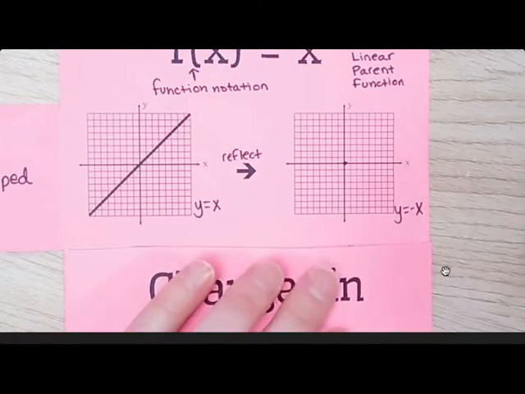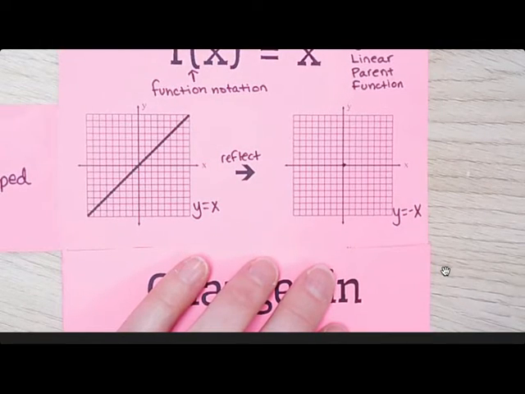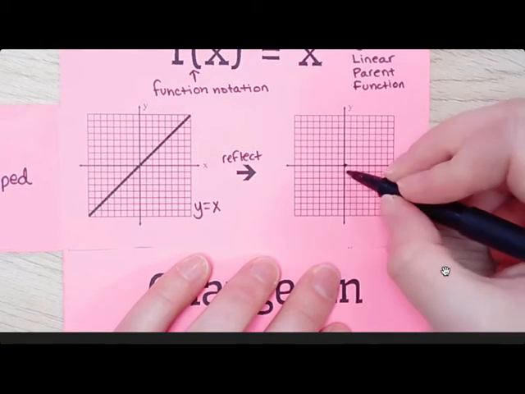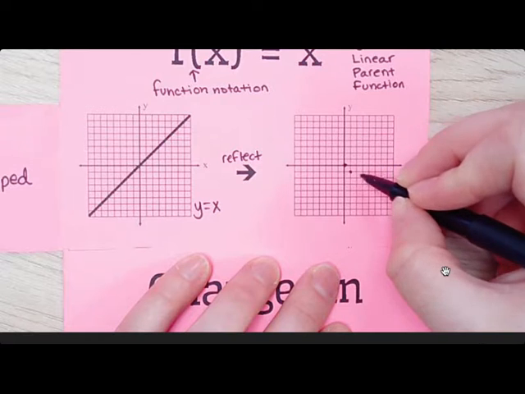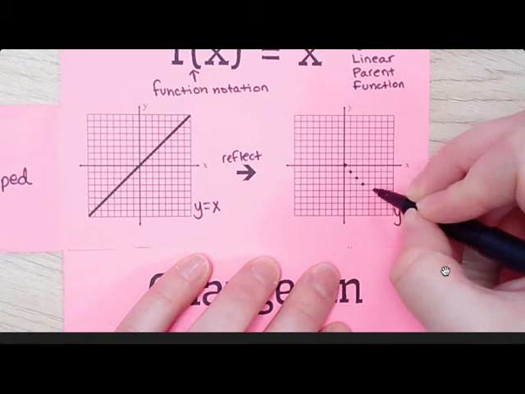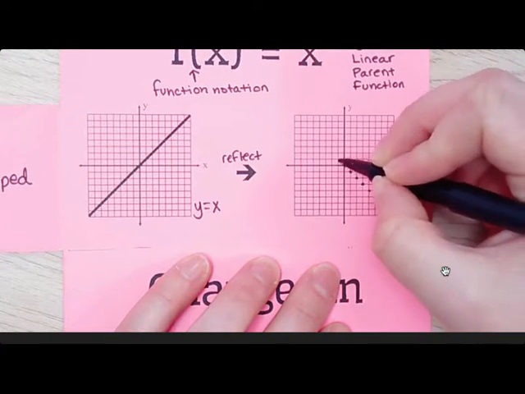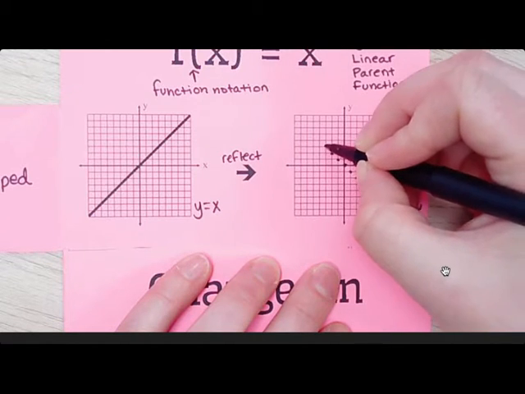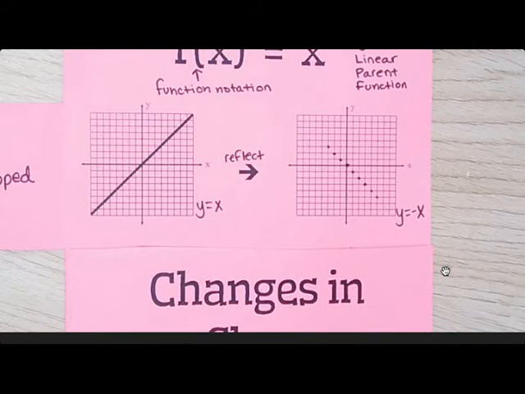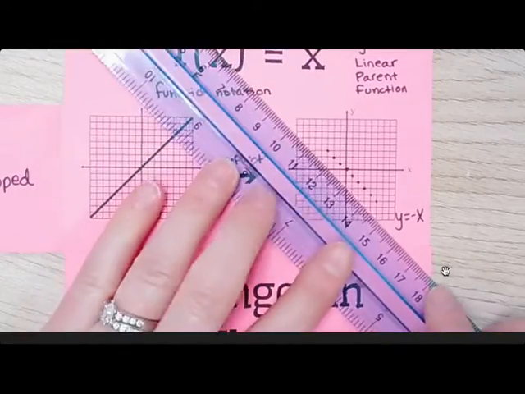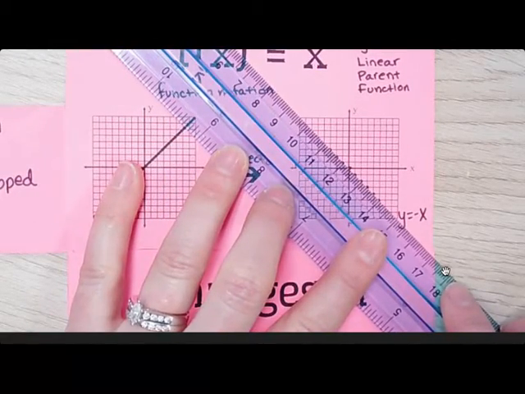Whenever you graph it, we know it's going to go downhill. It's going to have a slope of negative 1: down 1, over 1, down 1, over 1, and then up 1, left 1. Just do a few dots and then connect it with a ruler to make the line.